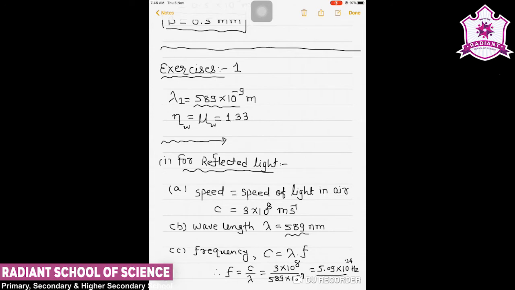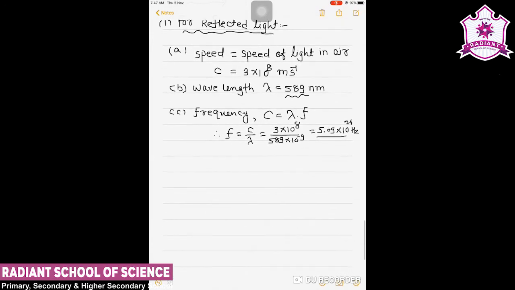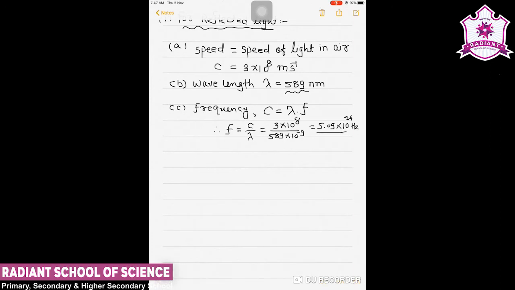So this is the answer of the part for reflected light. Now for the phenomenon of refraction, as we go with the case of refracted light, that is case number 2 of the question.